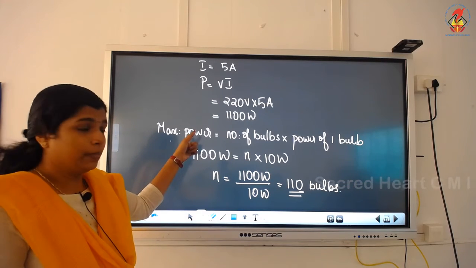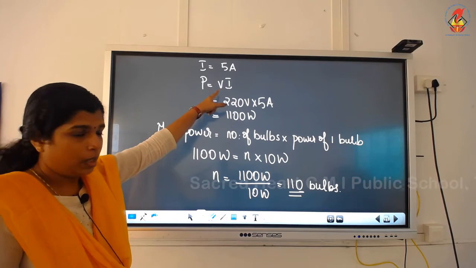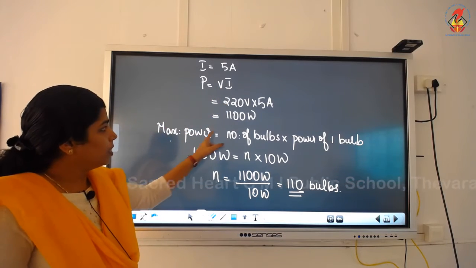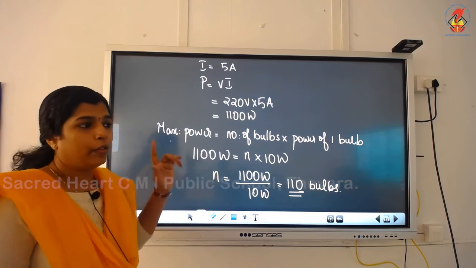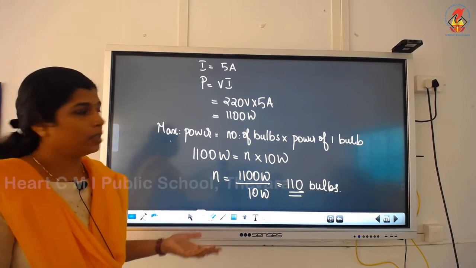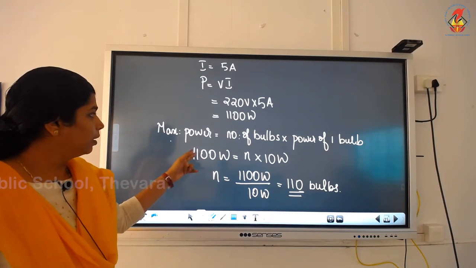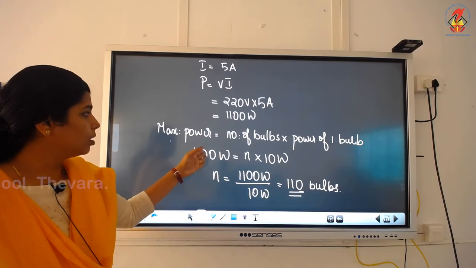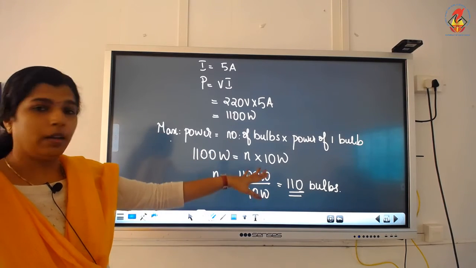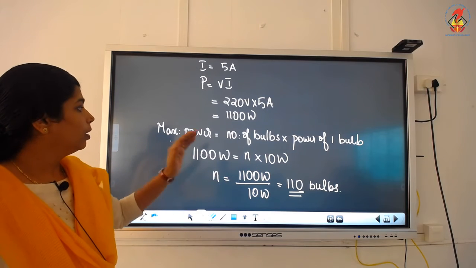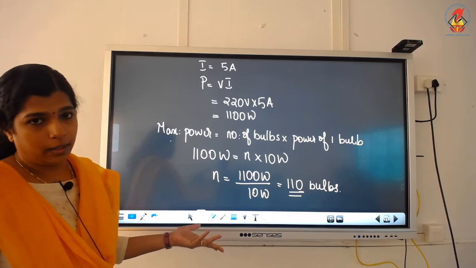So, how did we do it? We found the maximum power from the equation P equal to V I. Then maximum power is equal to number of bulbs into power of one bulb. Power of one bulb is also given in the question, 10 watt. So, 1100 watt equal to n into 10 watt. So, n equal to 1100 watt divided by 10 watt.